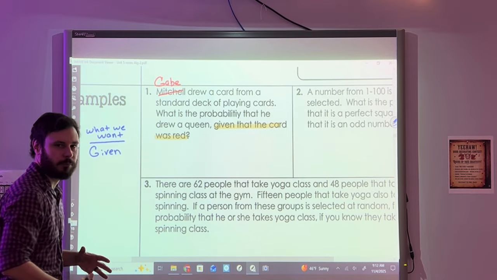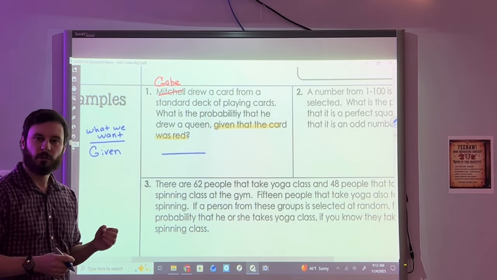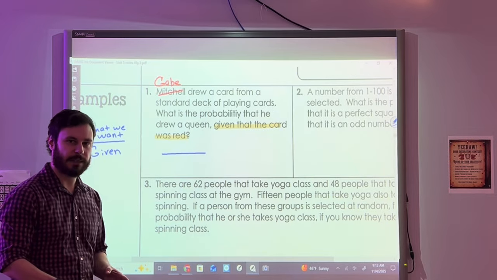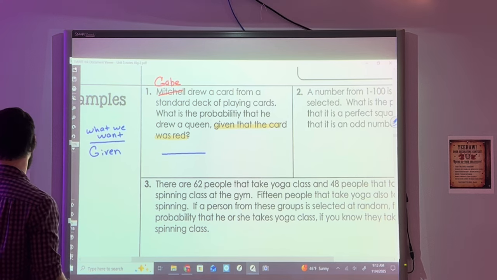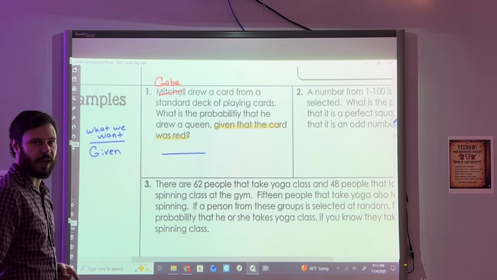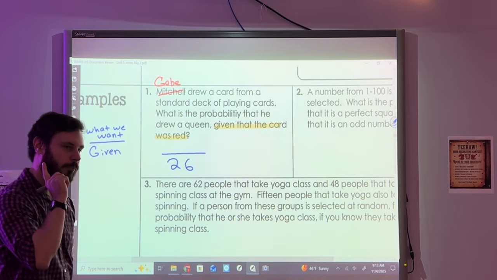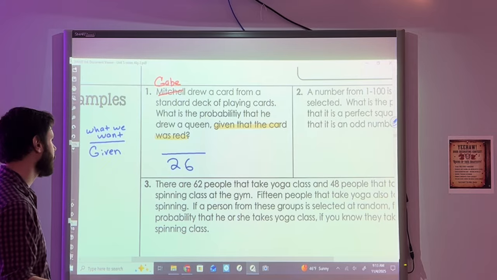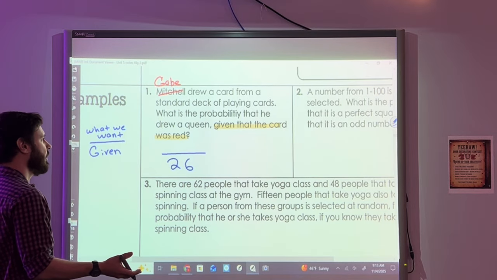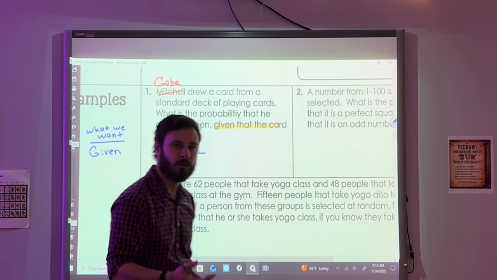So in this problem, the bottom says given it was red. Well, how many red cards are in a deck? Half of them, 26. You should know this. Now, given that it's red, how many queens are red?